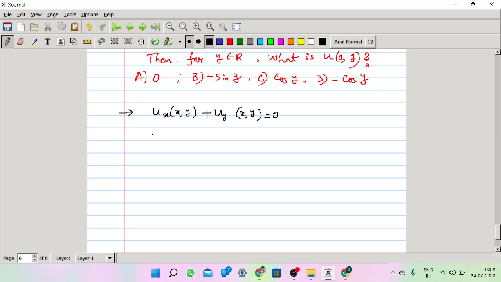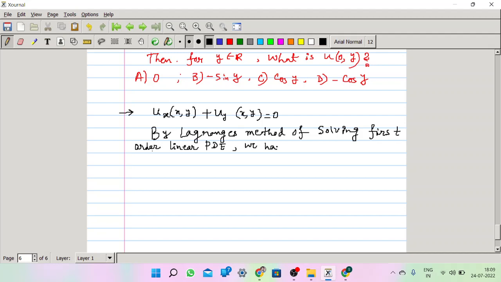So by Lagrange's method of solving a first order linear partial differential equation, we have dx by the coefficient of ux, that is 1, and dy by the coefficient of uy, 1, equal to du by 0.